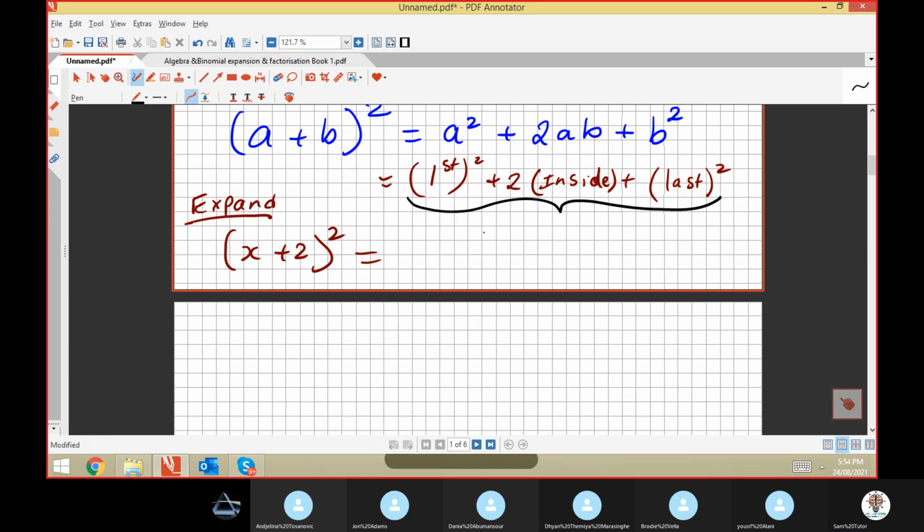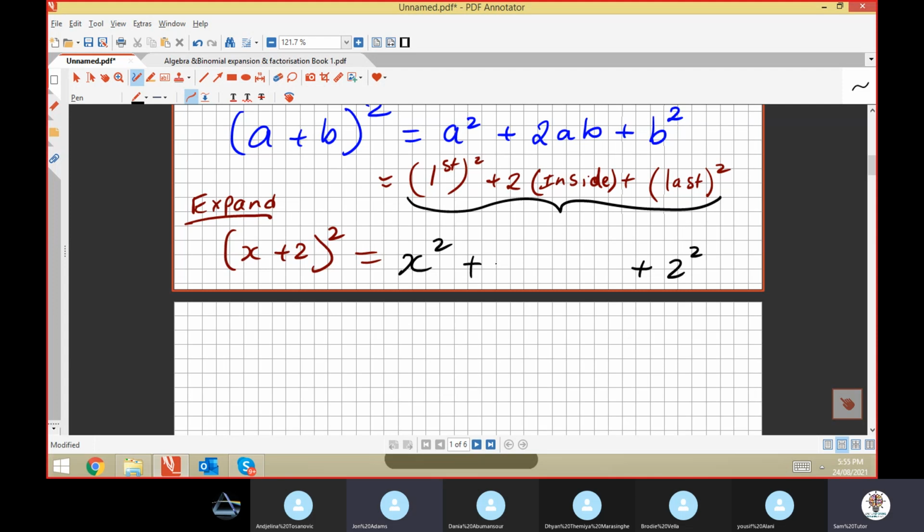X squared, yep, x squared is correct, plus 2 squared. Okay, yes, you're doing the last squared first. Yep, that's fine. We usually put that at the end, but I'm happy with that. So first x squared, 2 squared. So you got the first and the last ones out.